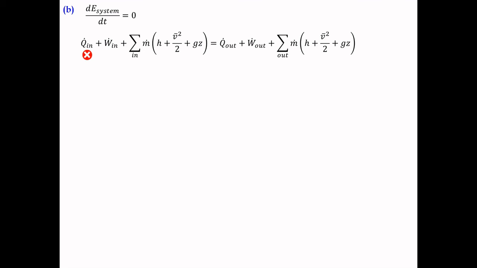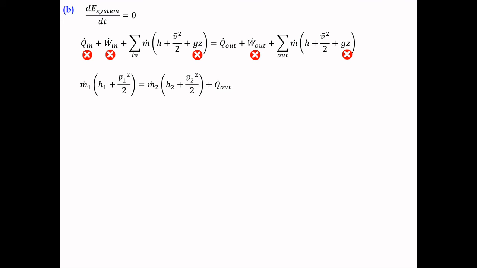For the nozzle case, we will have no Q in, no heat gain, but we have Q out, Q loss, because the question mentioned heat loss to surrounding. We don't have any work in or work out. We neglect the effect of the potential energy change.